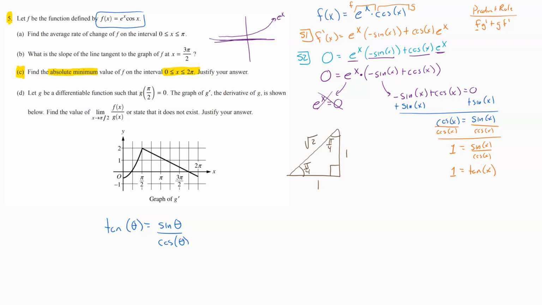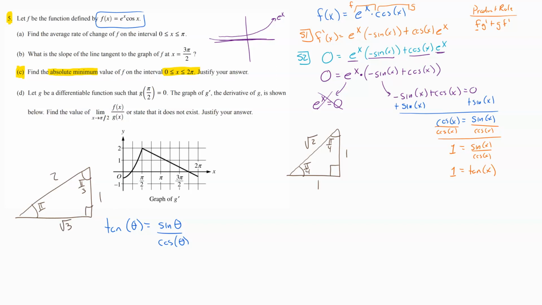You can just pull up that piece of scratch paper and say, okay, which are my two special triangles? You should know your 45, 45, 90. You should also know your 30, 60, 90, so pi over 6, pi over 3, and that would be 1, 2, square root of 3.